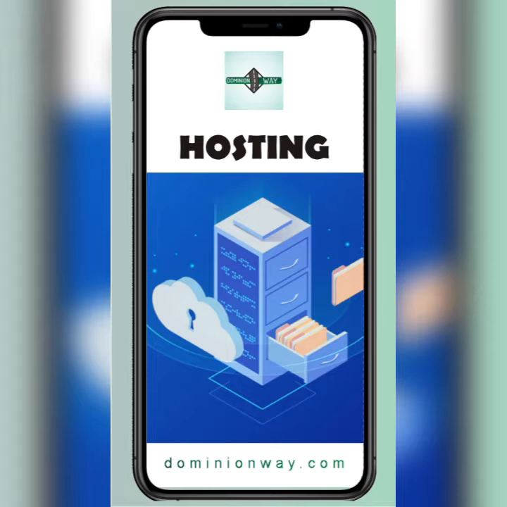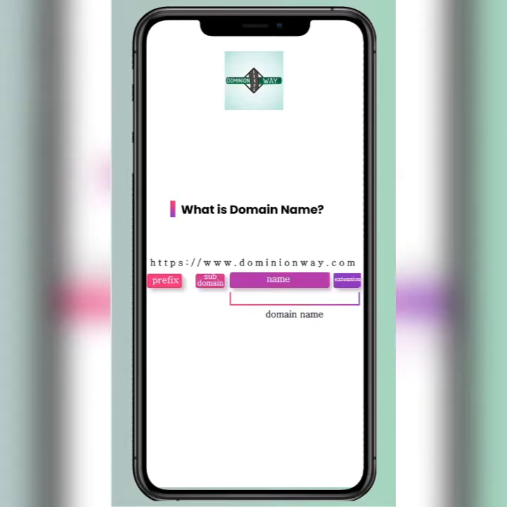Now, the second thing that makes up a website is the domain name. Now, what is the domain name? The domain name is the reference point to your website. We have so many websites now, there are billions of websites, but each of those websites has a unique name for accessing each of them.